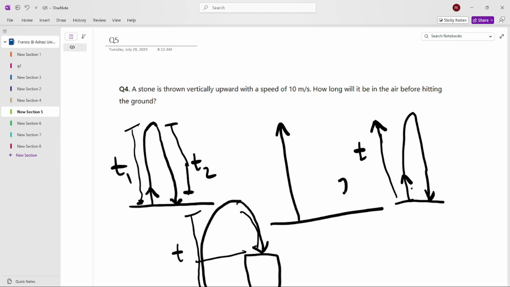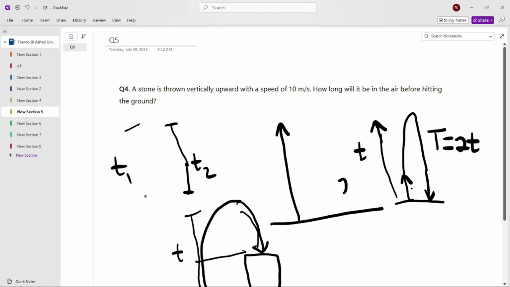Let's use capital T for the total time, so capital T is equal to 2t. This only holds if the body falls at the same level where it started from. That's the assumption, so let's keep that in mind. So analyze the question and then tell me how we are going to go about it.